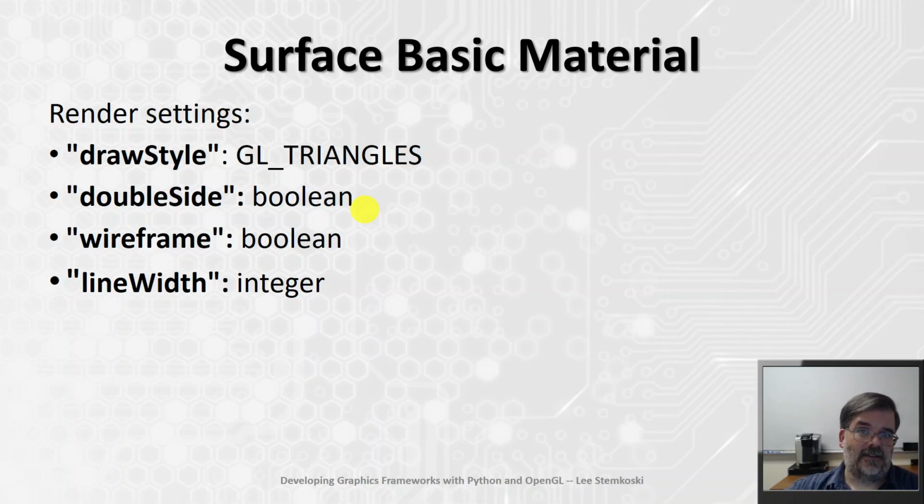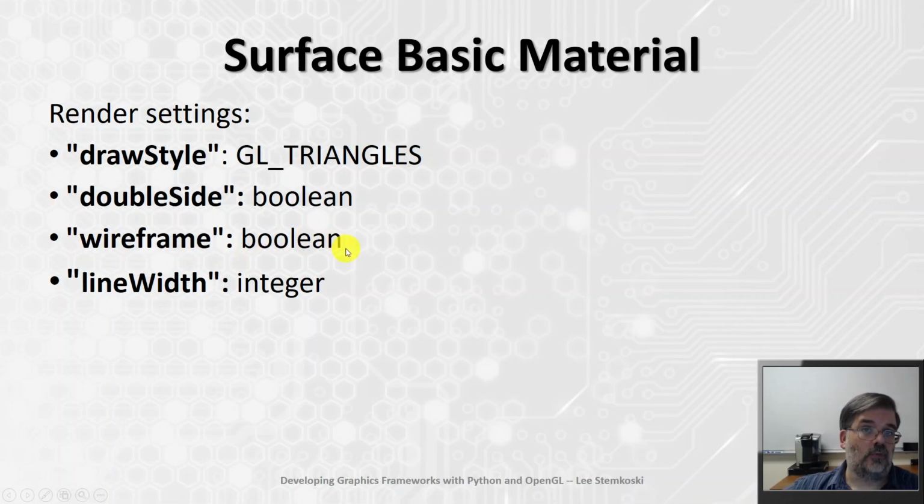By default, I think the vertices of each triangle are specified in counterclockwise order. From that point of view, that's the front side of a triangle. So you can choose whether or not to render both sides. We can typically set this to true in a lot of our applications because they're not going to be very performance intensive at first. But if it's lagging and you've got a lot of triangles, you might set that to false.